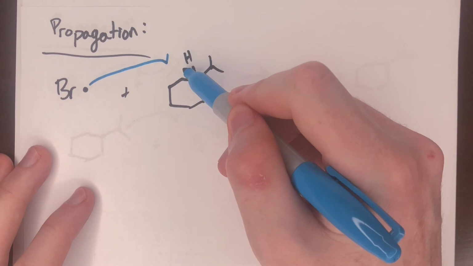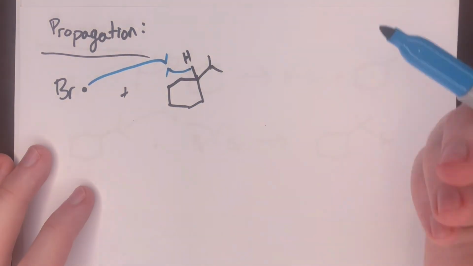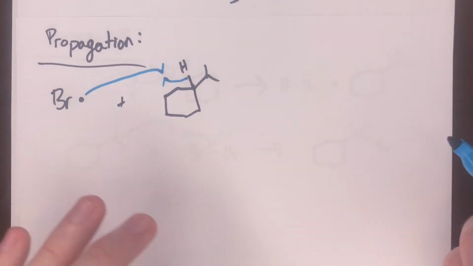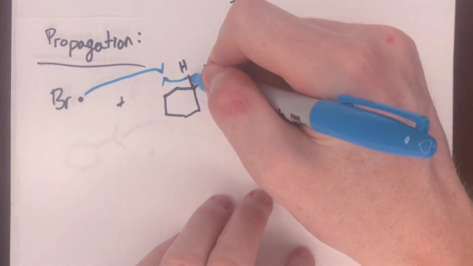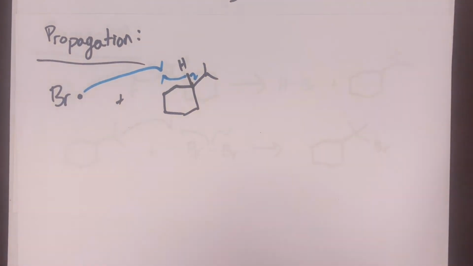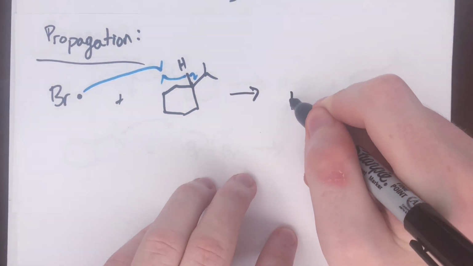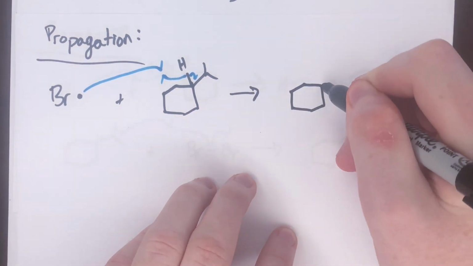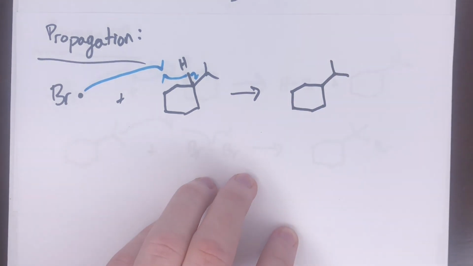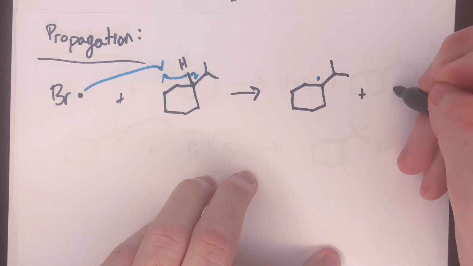So we need to explain this product here. So this carbon-hydrogen will homolytically cleave like shown, and then you form the carbon radical at the cyclic carbon. So that makes this product here, plus HBr as a byproduct.